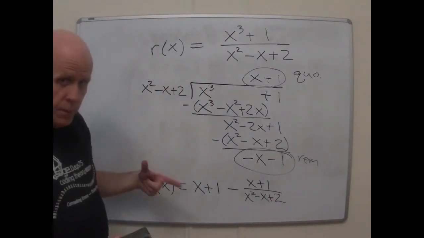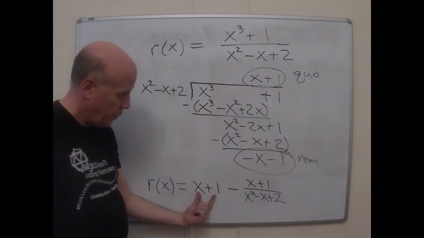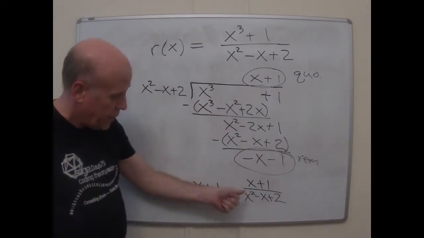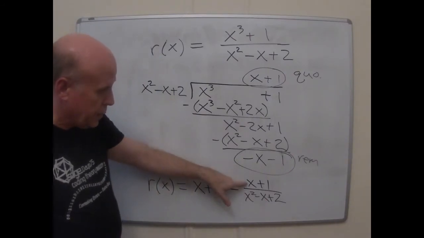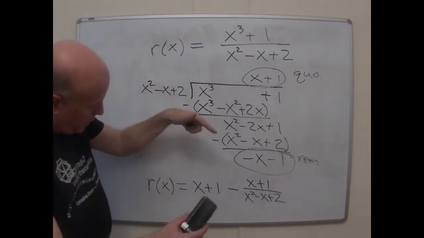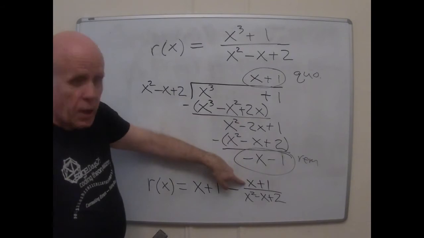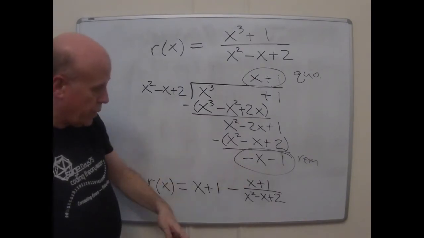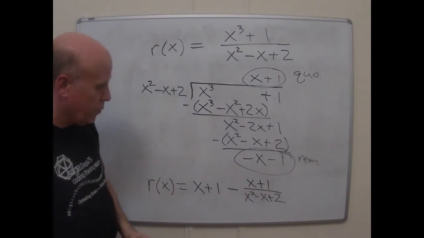But the point of the process is that we've re-expressed R of x so that you get a polynomial and then a fraction that does obey the condition I asked about, that the degree of the top is smaller than the degree of the bottom. And if you are integrating this stuff, we can integrate this, and we can integrate this, and we're going to be able to integrate that. Okay, so that's what the method of partial fractions is about, letting us integrate something of that form.